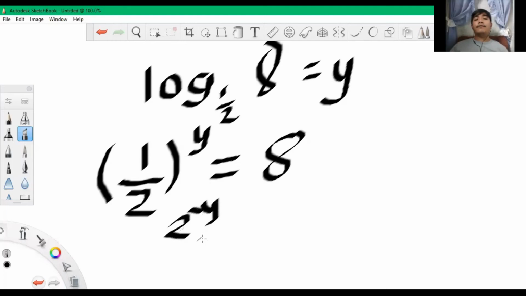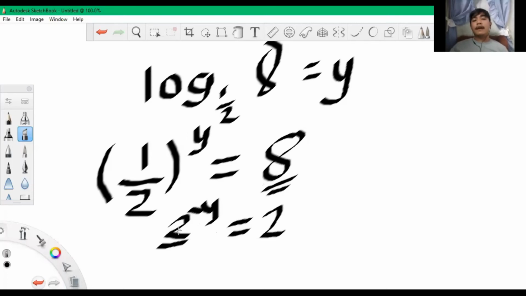So, now we have 2 raised to negative y is equal to, now, on the left side, we have our base as 2. So, yung nasa right side natin should have a base of 2 din para ma-reach natin yung goal natin na dapat yung left and right side ay may parehas na base. So, what would be the exponent of 2 para mag-equivalent siya sa 8?